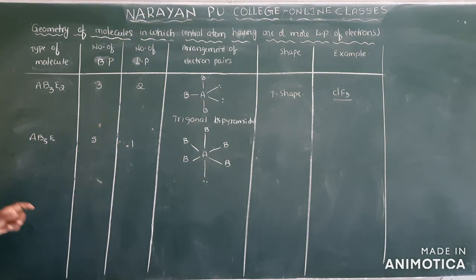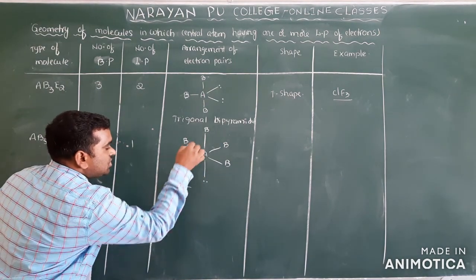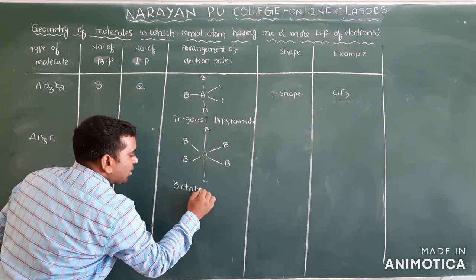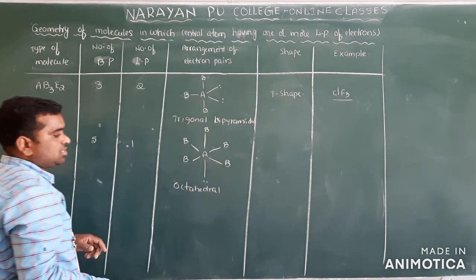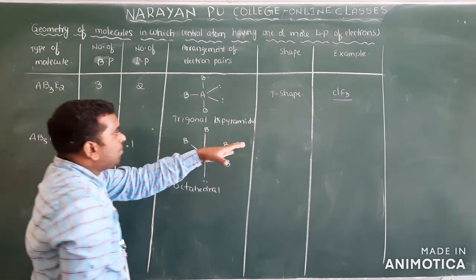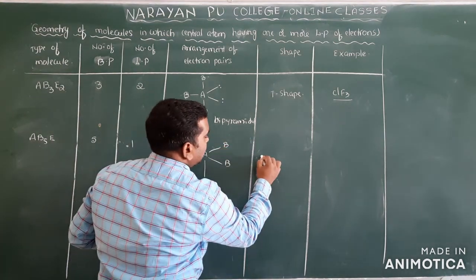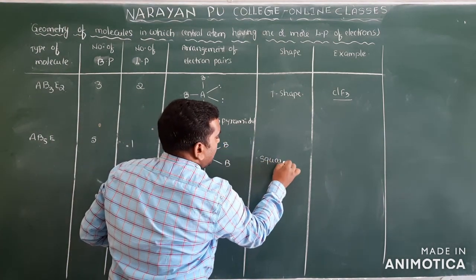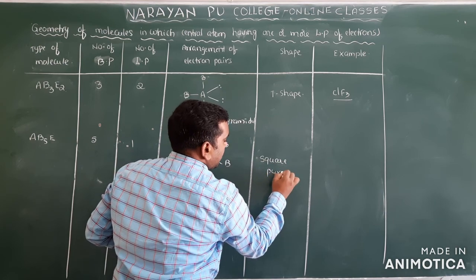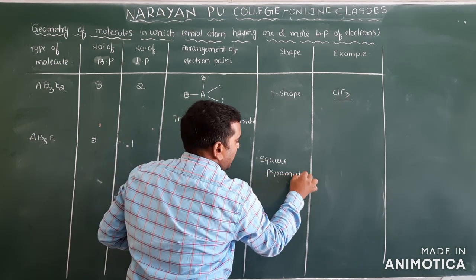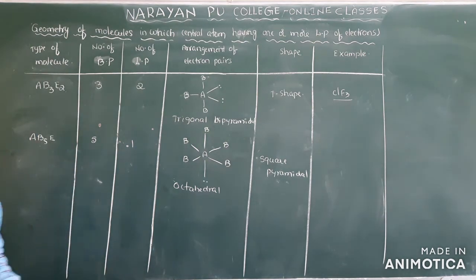Clear no? So what is the actual structure here? The geometry of the molecule is octahedral. Clear no? Arrangement is octahedral. But when it comes to shape, you will get square pyramidal. Clear no? This is square pyramidal.